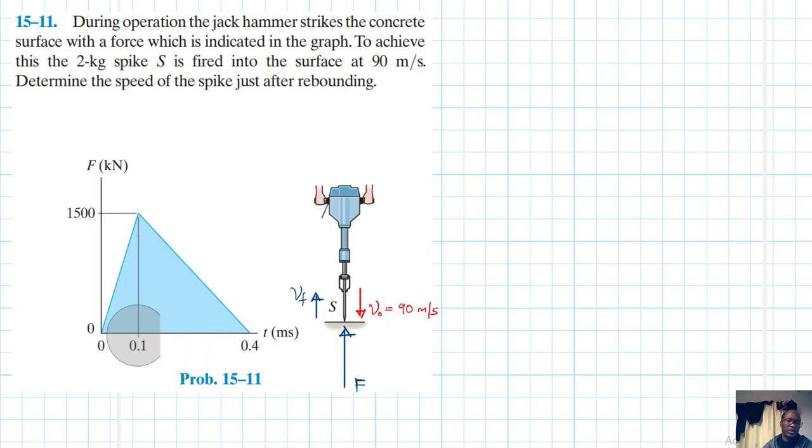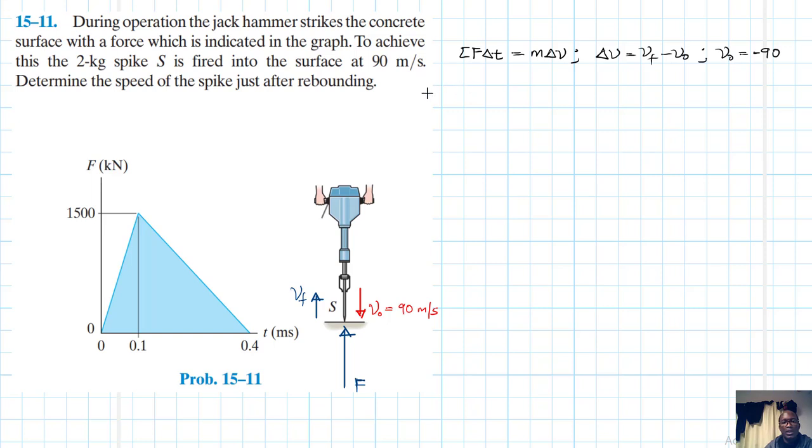So let's write down the equations. The summation of the force delta t is equal to the change in momentum, where delta v is equal to v final minus v initial. Our v initial in our case is minus, it's in the opposite direction, minus 90. And our v final is what we are looking for.